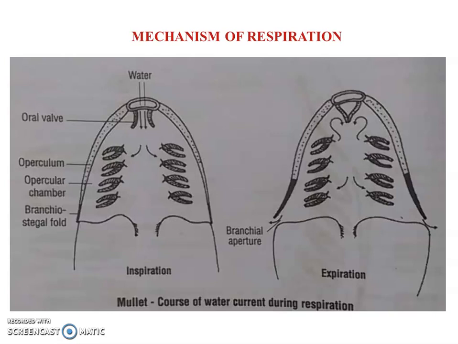The dissolved oxygen in the water moves from water to blood, and carbon dioxide diffuses out from the blood to the water. So in this manner, the gaseous exchange takes place, and the blood which moves out from the gill filaments will have sufficient amount of oxygen. They become oxygenated. Now, what happens during expiration?